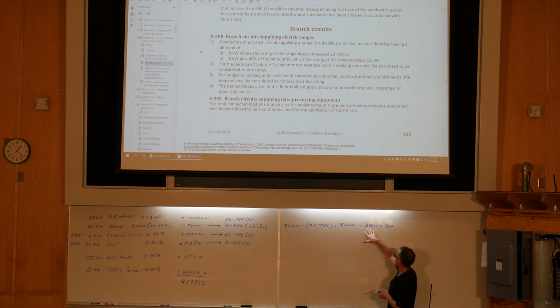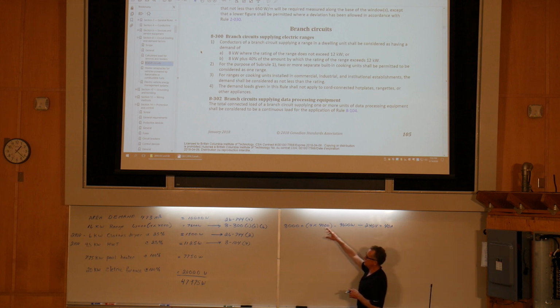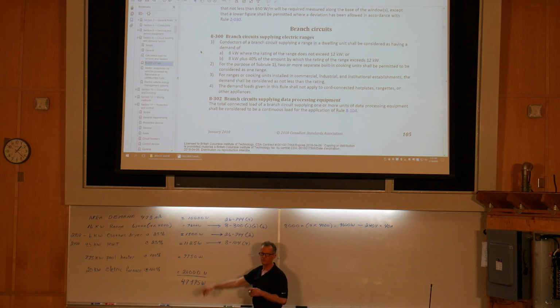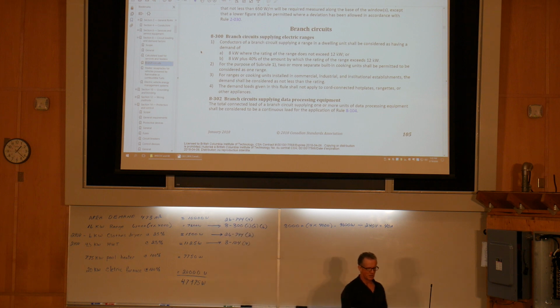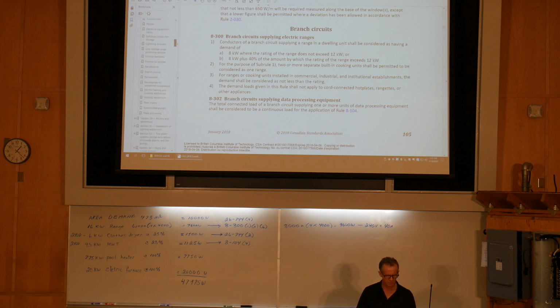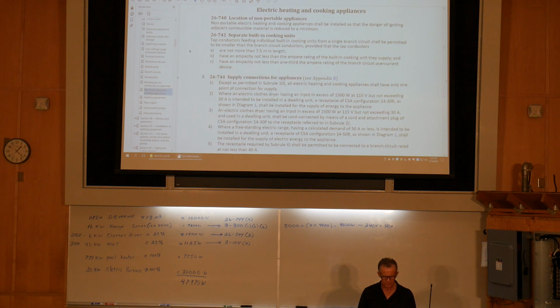If you divided it by 240 volts, that would come out to 40 amps. Let's go take a look and see what 26-744, subrule 4 says.